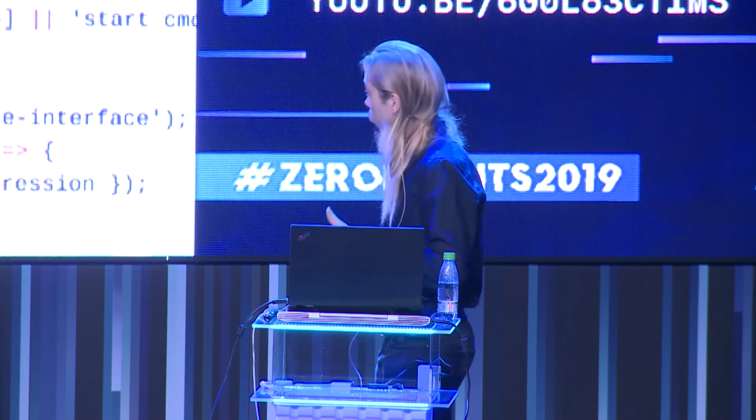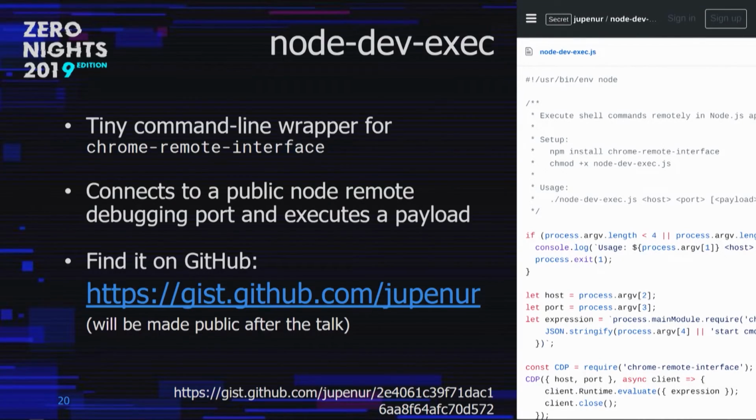Okay, so you saw there was a command line tool I was using. That's actually just a simple wrapper for Chrome remote interface, which is a publicly available client for the DevTools protocol. You could obviously do the same thing using the DevTools integrated with the Chrome browser, but using the command line is a bit quicker, especially when you're testing multiple apps in a row.